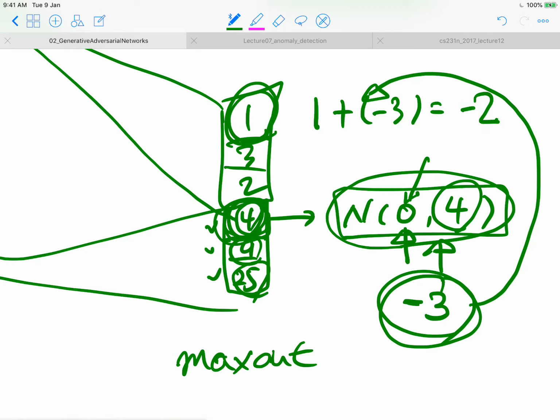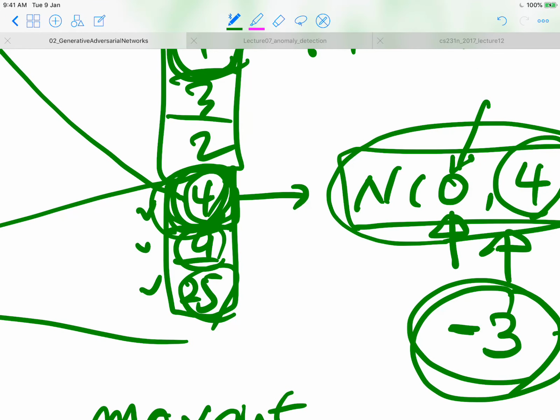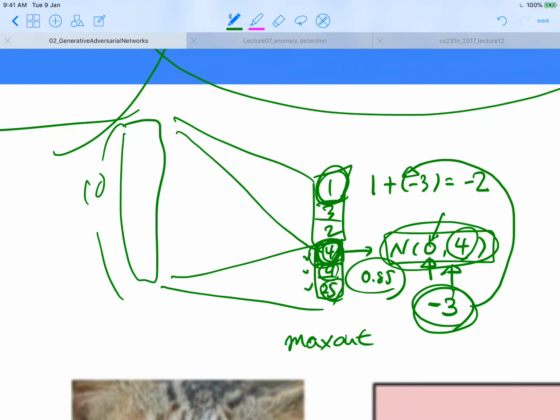In the case of GLU, this one will go through the sigmoid, and suppose the output was 0.85, then this will be multiplied with this value. That is how the GLU works.